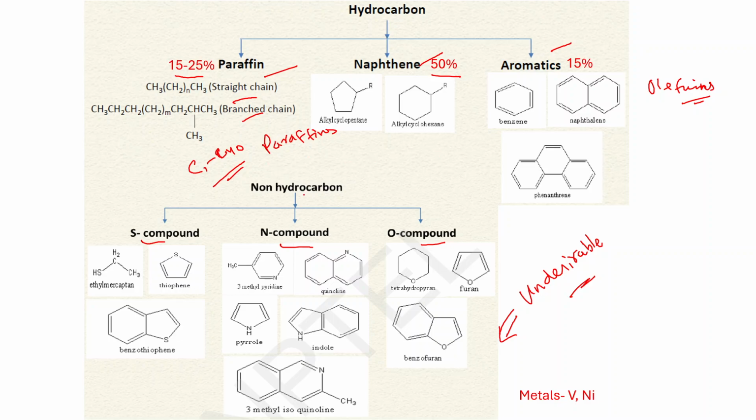They cause serious issues like corrosion, and oxidation issues due to the presence of oxygen, and all these issues are associated with the non-hydrocarbon part. So basically, the hydrocarbon part is most desirable in our crude oil.